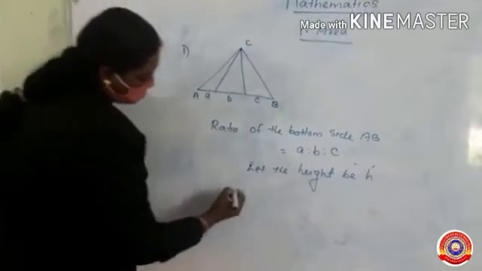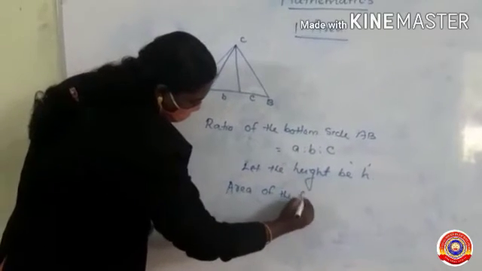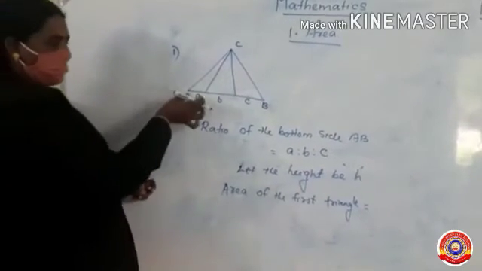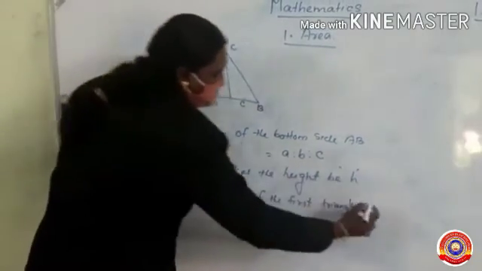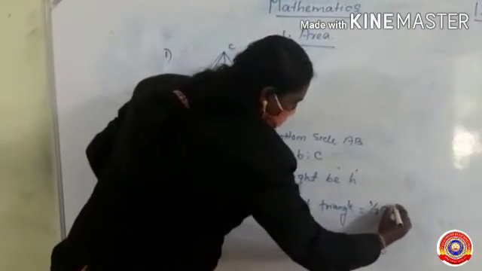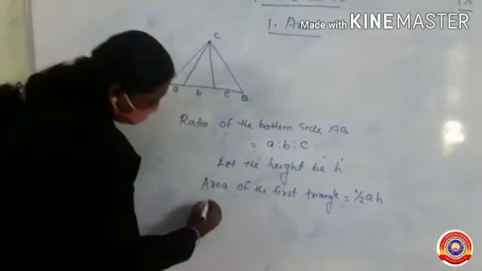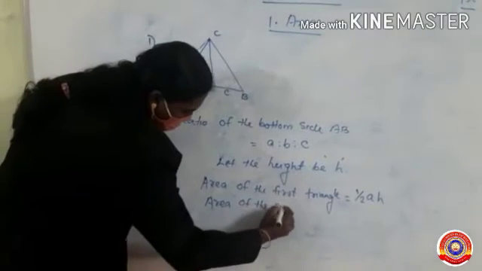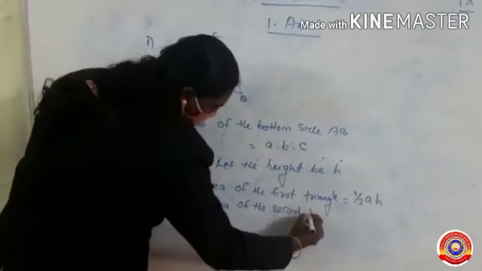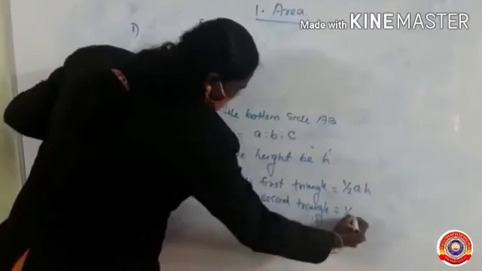Then the area of the first triangle equals half into base into height. Here base equals A and height equals H. So we can write half AH. Next, the area of the second triangle equals half into base.